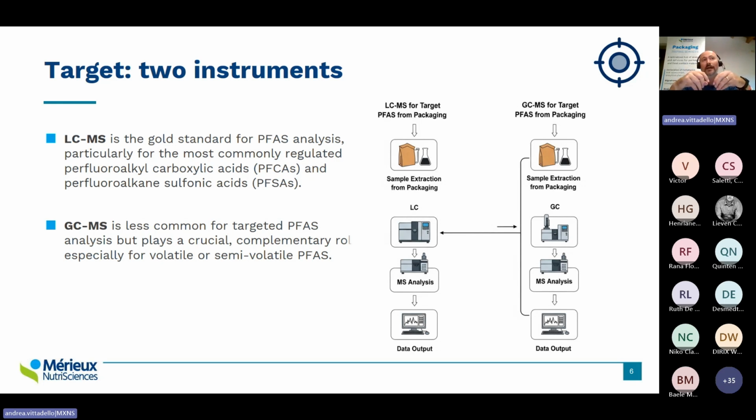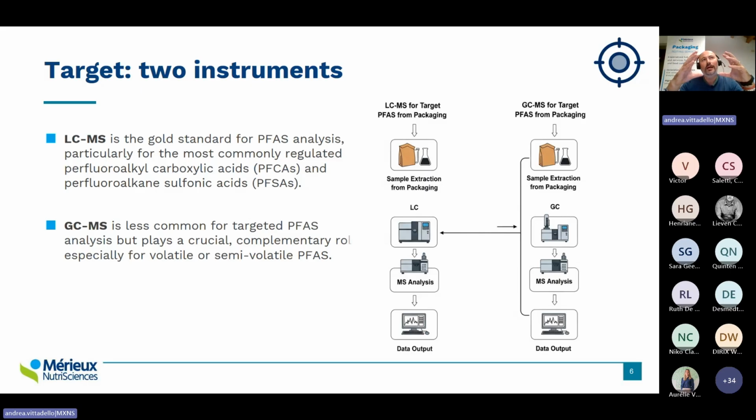And therefore the knowledge on environmental point of view, especially in water and soil, on the target analysis on PFAS is so strong. And the two big techniques that laboratories usually use are LCMS analysis and GCMS analysis. You can't skip one with respect to another if you would like to have a good picture about the PFAS investigation, because LCMS will cover a certain family of PFAS, the most known PFAS, and the GCMS analysis will cover other kinds of PFAS chemicals like FTOH, for example.